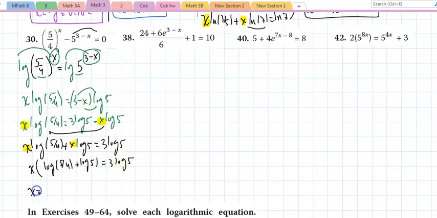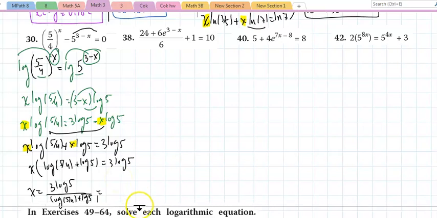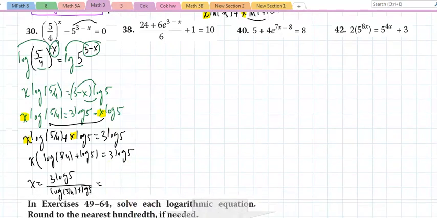And x would be 3 times the log of 5 divided by the log of 5/4 plus the log of 5. And if I want to plug that in my calculator, I could save a bit more space.